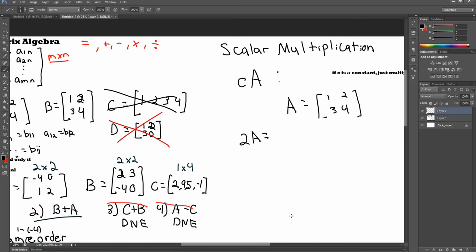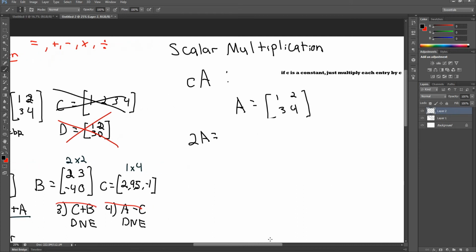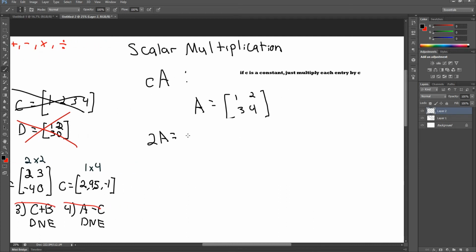So for scalar multiplication, when c is a constant, we just multiply each entry by the constant. In this case, I have 2 times A, so let me make this a little bit thicker. This will be 2 times 1 for row 1, column 1.